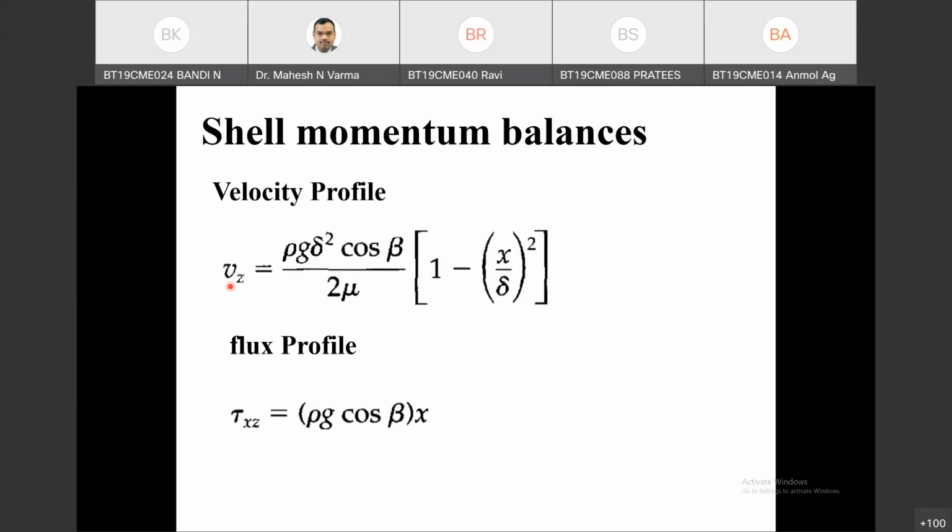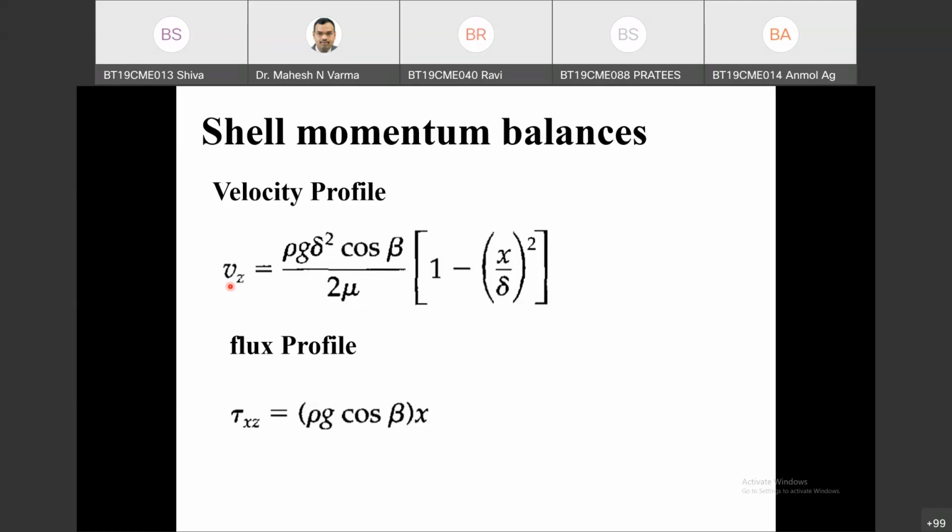Say for example, I have considered velocity Vz non-zero only and it is a function of x and y. Sir, four boundary conditions are needed. If I have Vz which is a function of x, y and z, how many boundary conditions are needed? Sir, six boundary conditions.